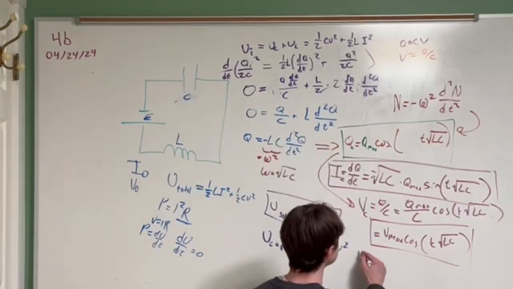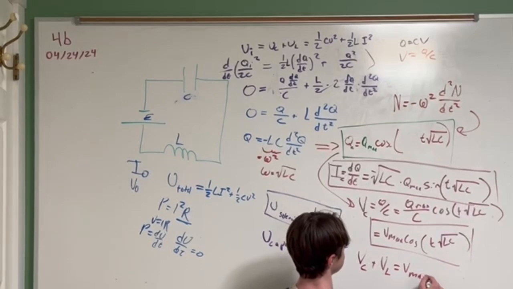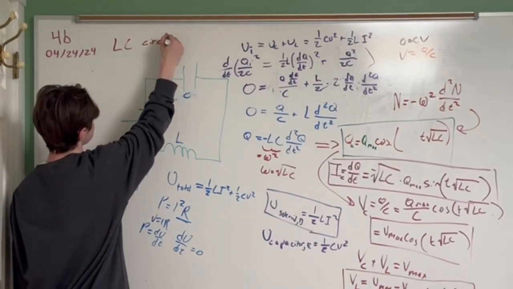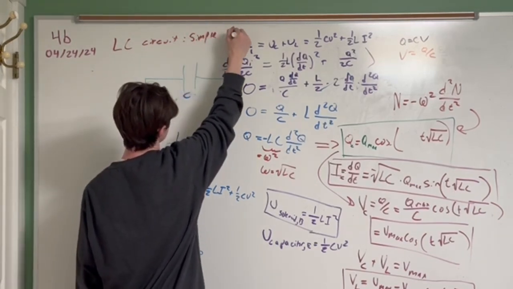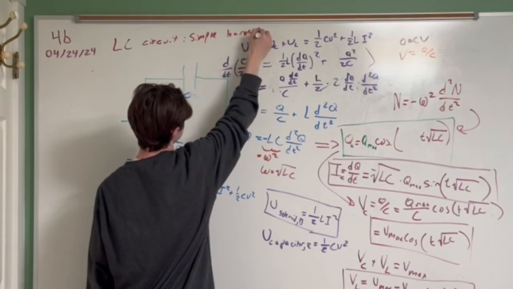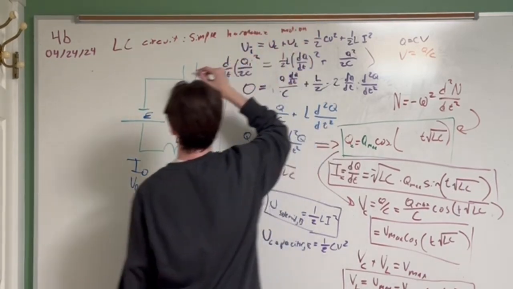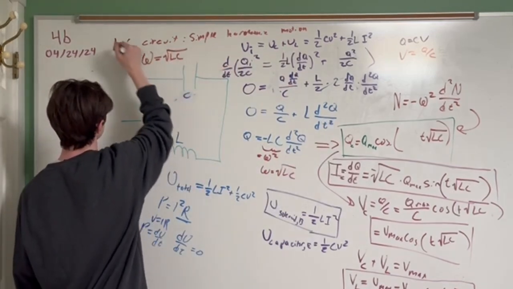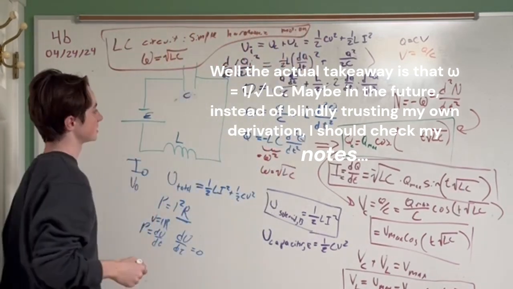Vc plus Vl has to be equal to V max. The big thing is that an LC circuit is simple harmonic motion, and we have angular frequency equal to the square root of LC. That's the takeaway.